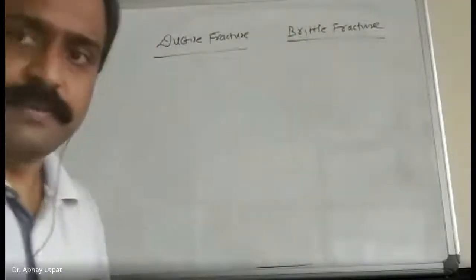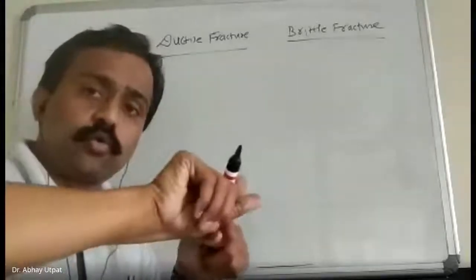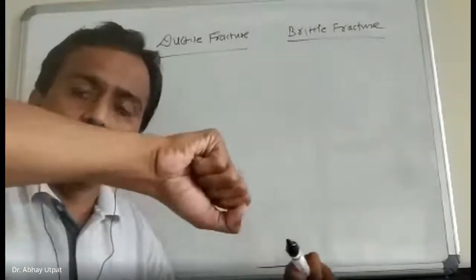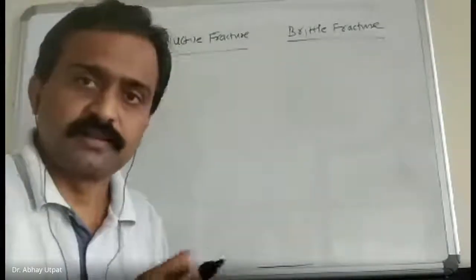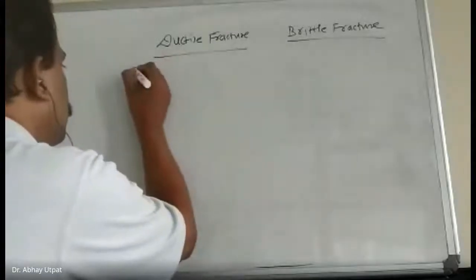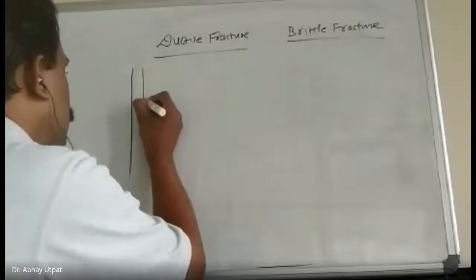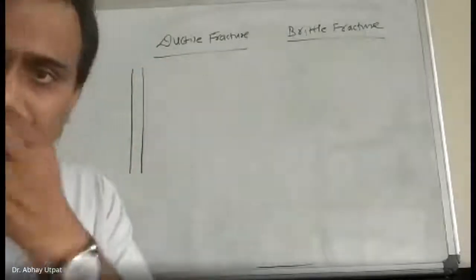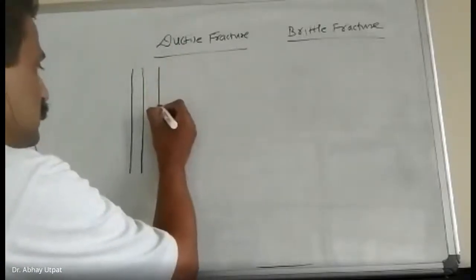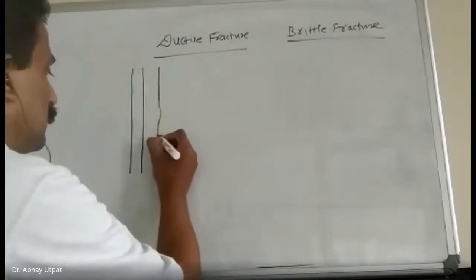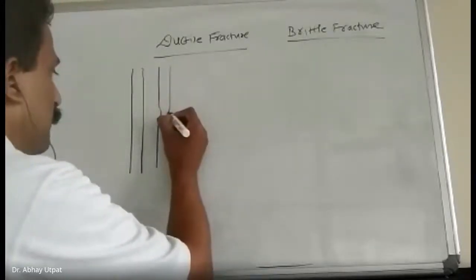What I was just explaining, instantaneous load and instantaneous cross-section area, means what? You go on applying the load and the material will go on elongating. So the diameter goes on decreasing and the length goes on increasing. This is your initial rod. Then neck formation starts. It is called neck formation.